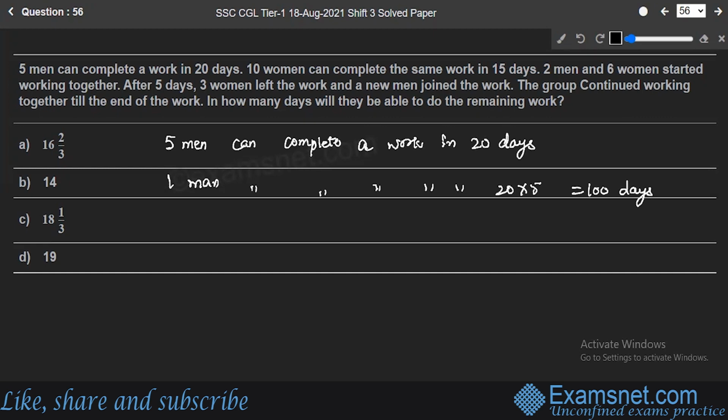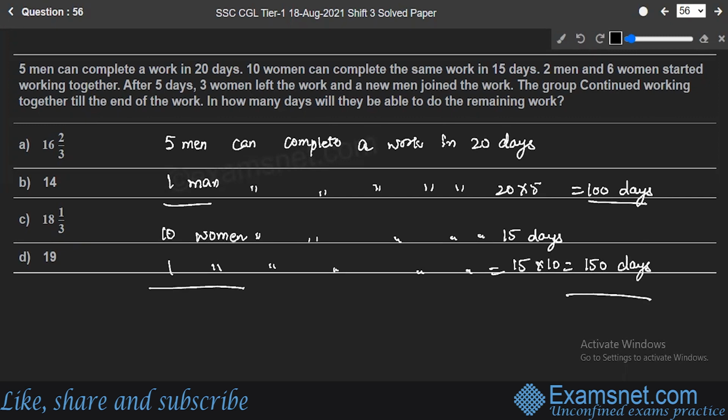Now next, 10 women, same thing. 10 women can complete this work in 15 days. So that means if one woman works alone, she can complete the work in 150 days. Done. So if one man only works, he will take 100 days. If one woman only works, she will take 150 days.